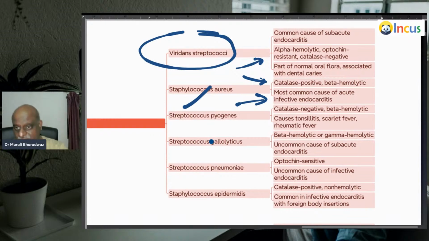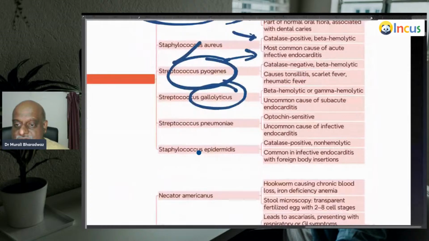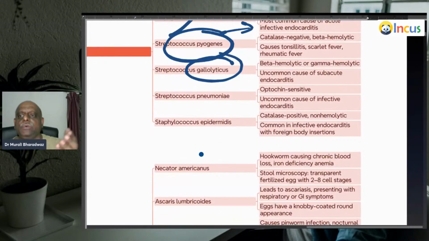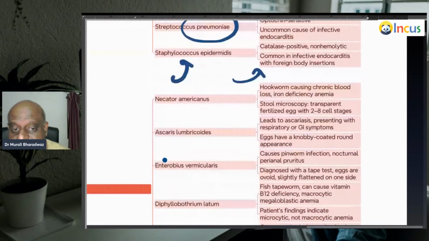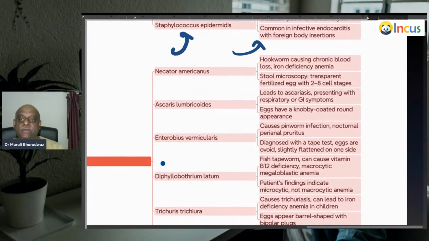Catalase negative, beta-hemolytic, causing tonsillitis, scarlet fever, rheumatic fever: Streptococcus pyogenes. Beta-hemolytic or gamma-hemolytic, Streptococcus gallolyticus. Optochin sensitive, uncommon cause of infective endocarditis is pneumoniae. Catalase positive, non-hemolytic, but common in infective endocarditis with foreign body insertion is Staph epidermidis. That is what you need to remember.